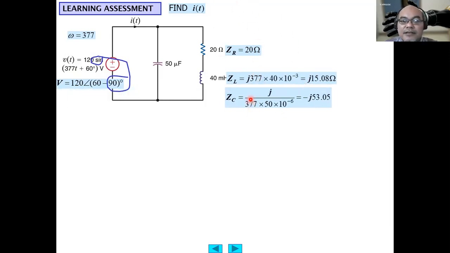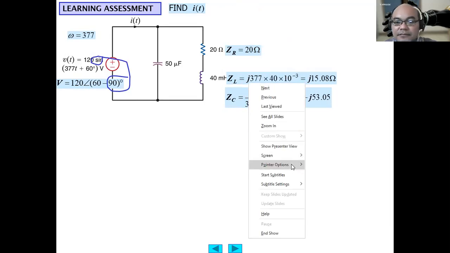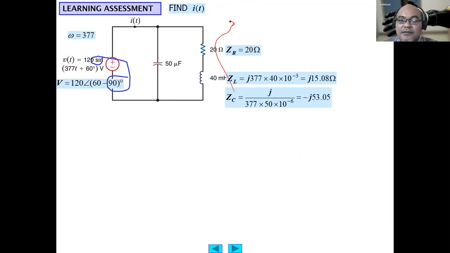So actually here, for the capacitance, ZC equals 1 over j times omega, which is 377, times the capacitance of 50 microfarad.